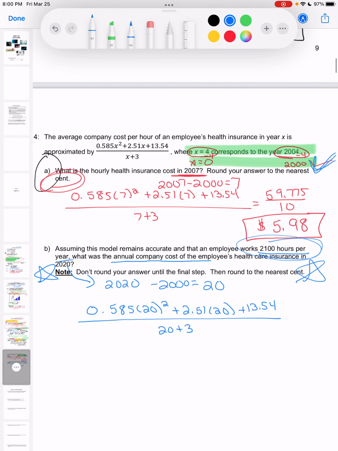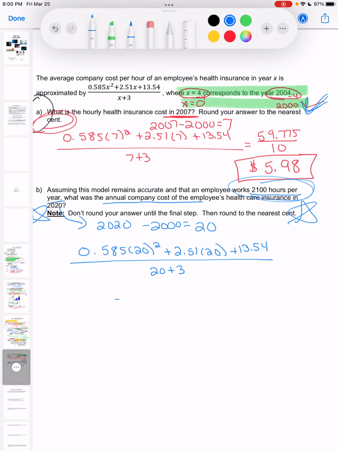So I'll plug in 20 everywhere I see X, in the numerator and the denominator. And that's going to give me a long decimal. I am not going to round it. Depending on what your calculator settings might be, your ending decimals might be a little different. That's okay. Just don't round to 2 decimal places.